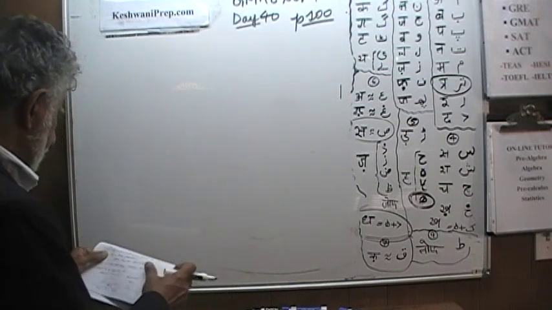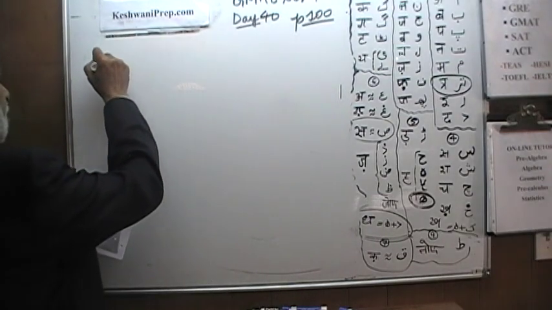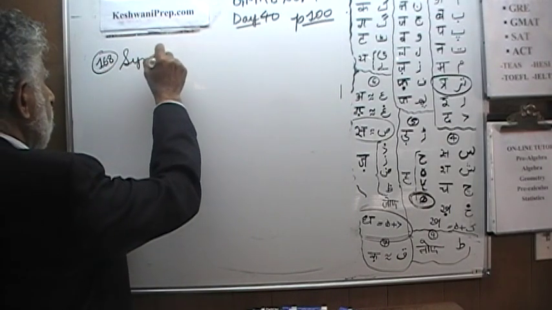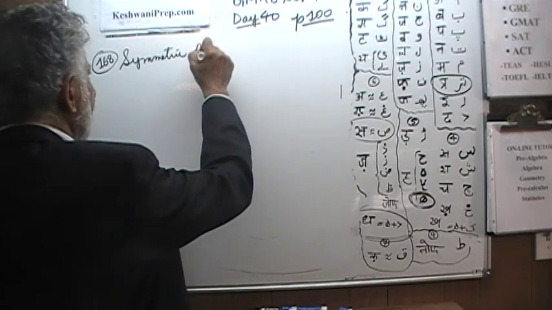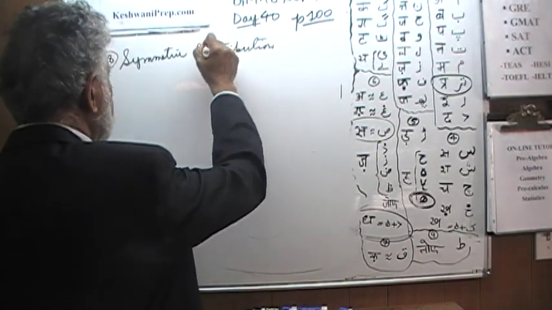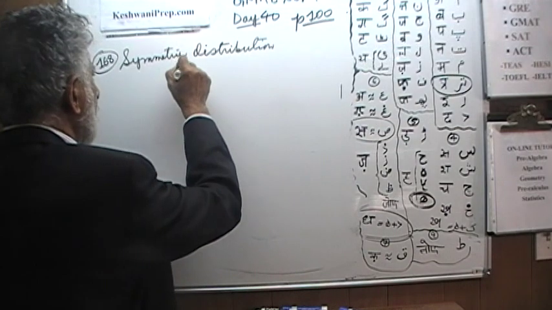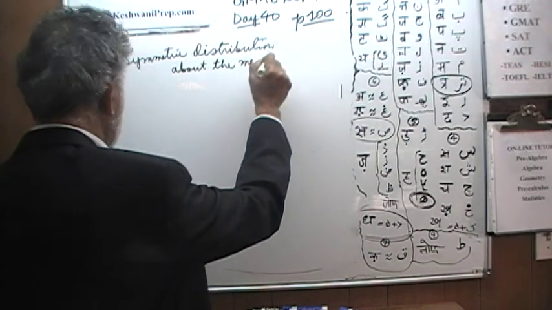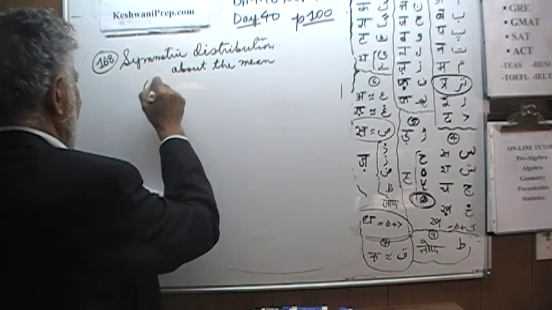Number 168 says that we have a symmetric distribution about the mean of a large population.